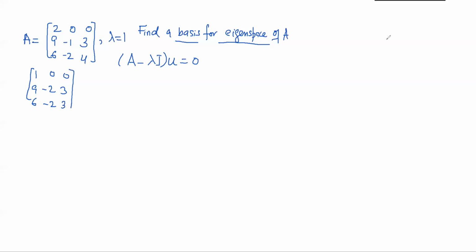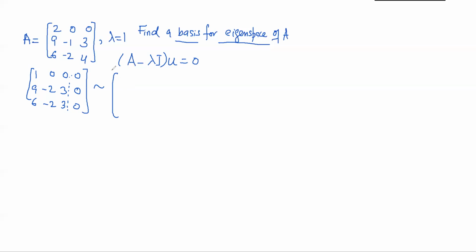Okay, so for finding its eigenspace, we write it in the augmented matrix form. The right hand side terms are all 0. So this is the augmented matrix, and now we apply the row operations to make it into the echelon form.